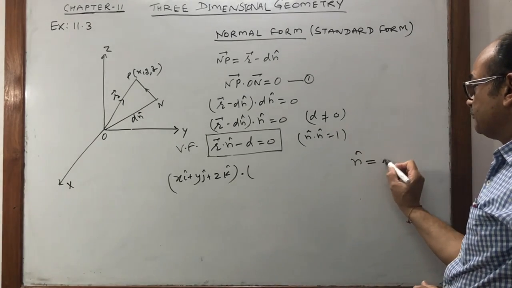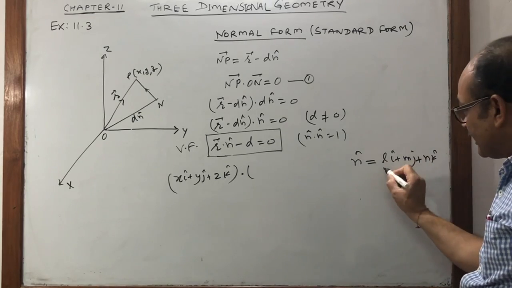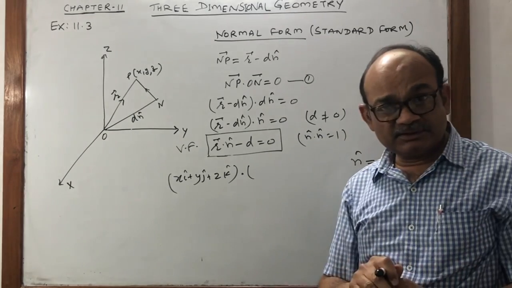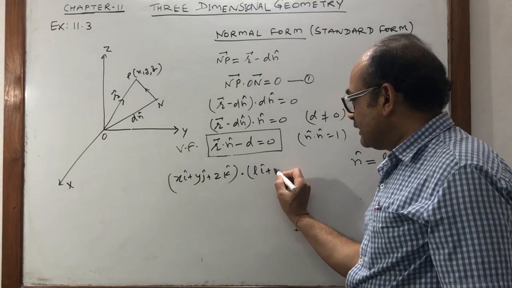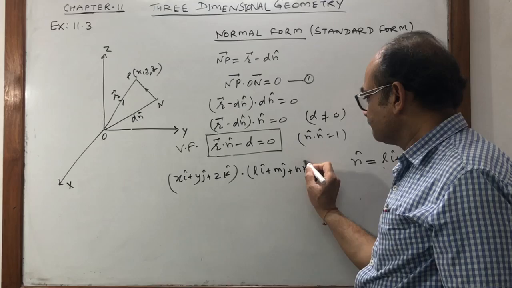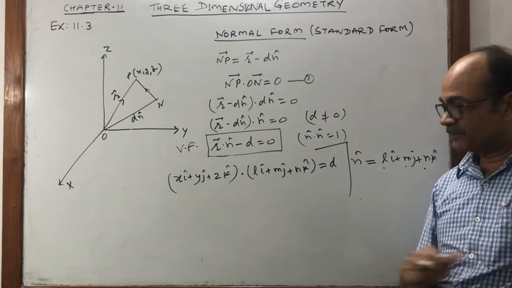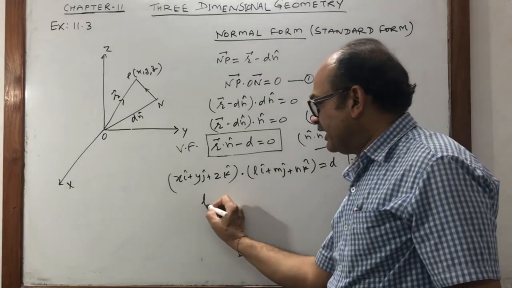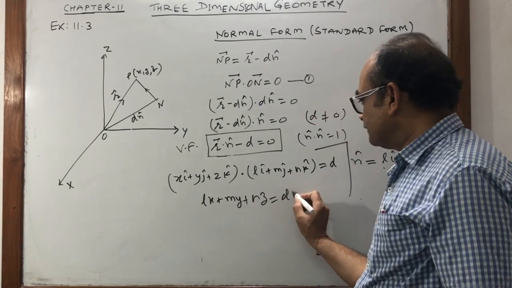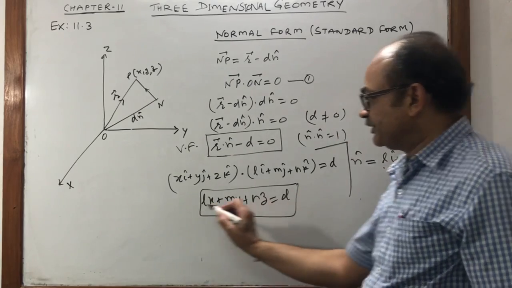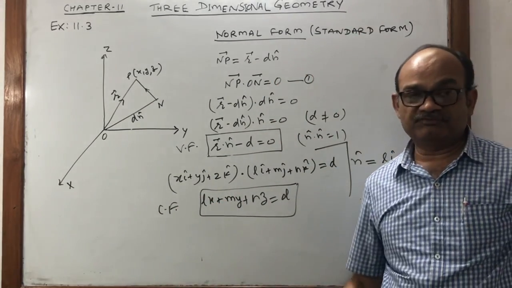N cap is li plus mj plus nk, where l, m, n are as usual notation for direction cosines. So here we write li plus mj plus nk equals D. What is the dot product of these two? lx plus my plus nz equals D.